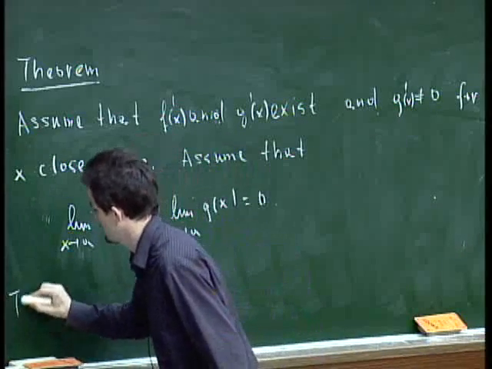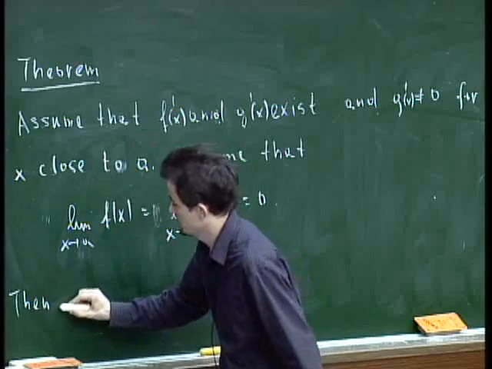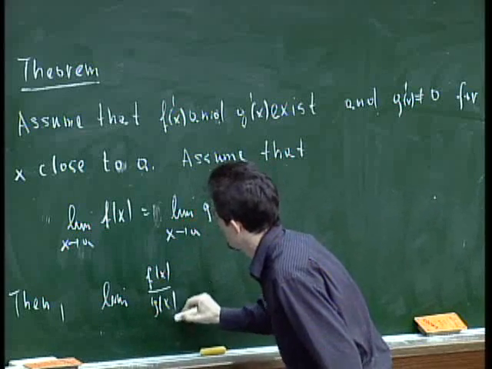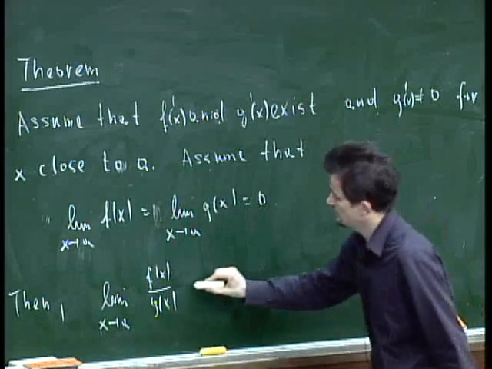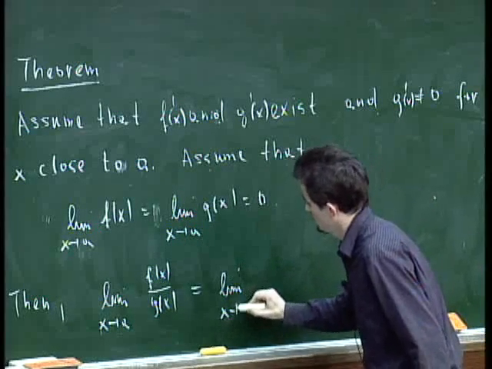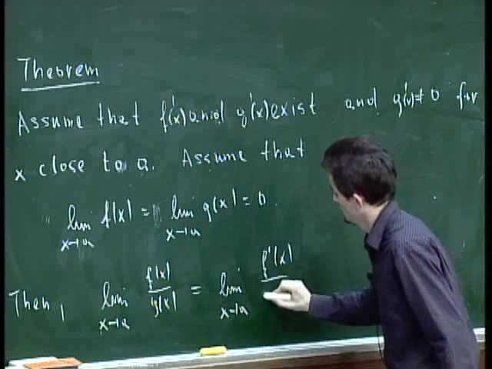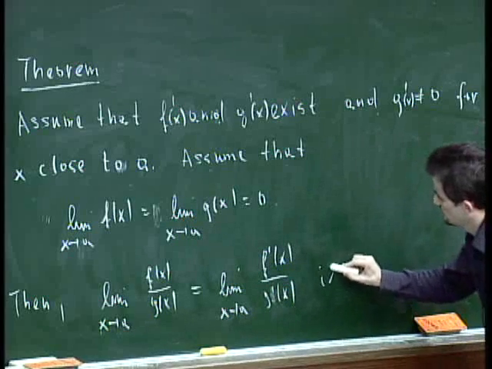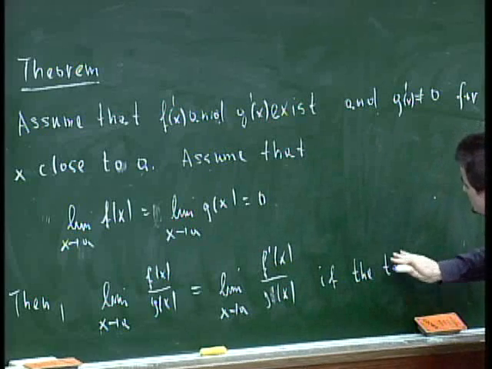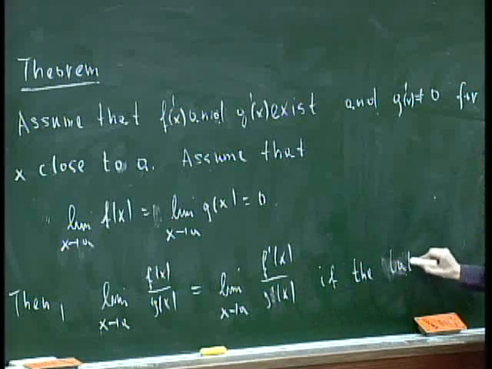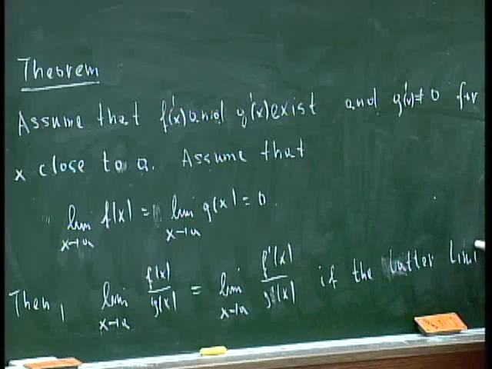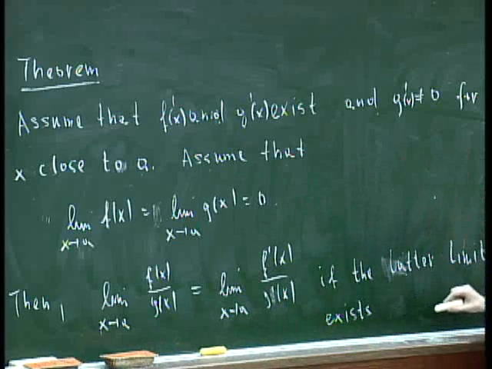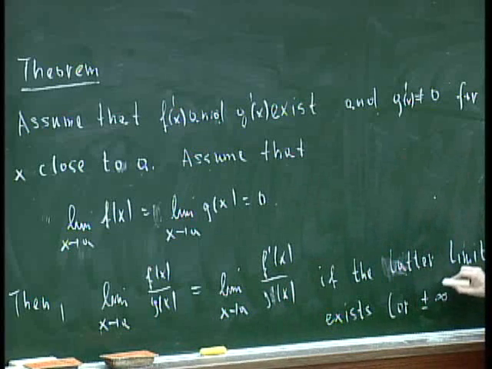Then the limit of f of x over g of x as x tends to a is equal to the limit of f prime of x over g prime of x, if the latter limit exists or is equal to plus minus infinity.